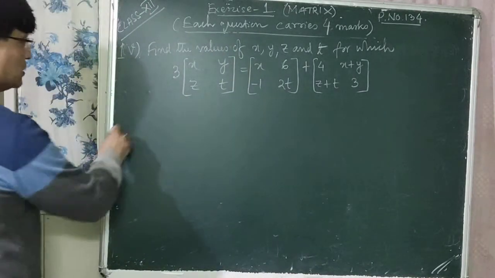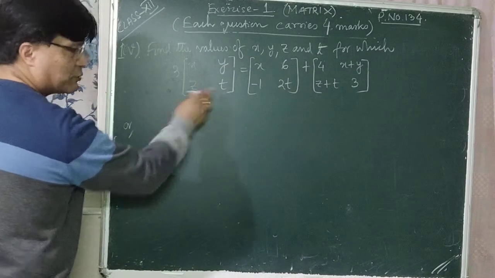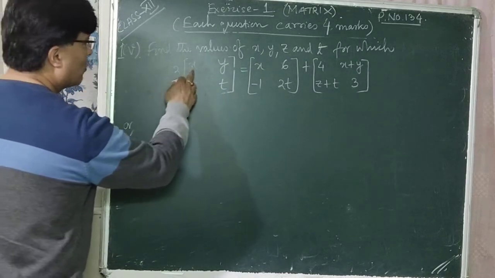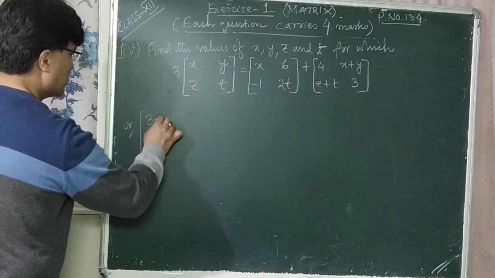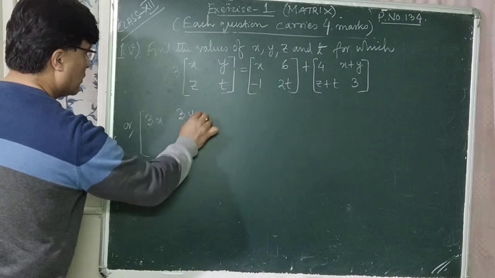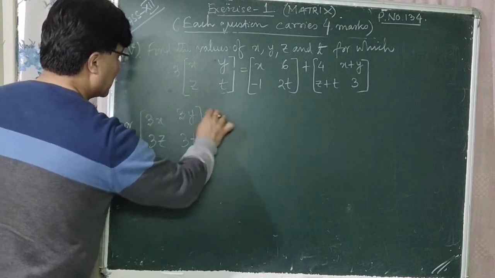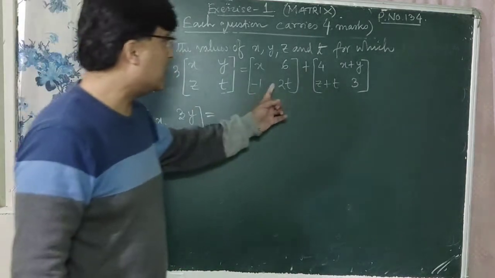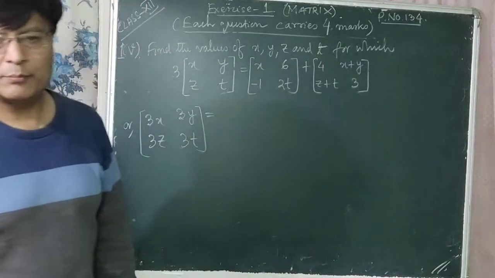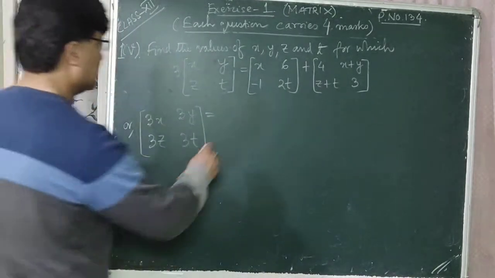Let us solve it. Now 3 is the scalar multiplication of this matrix, so you have to multiply all these elements by 3. So what do we get? It is 3x, 3y, 3z, 3t, which is equal to. Now on the right hand side, you can add these two matrices because they are of the same order and the corresponding elements should be added.